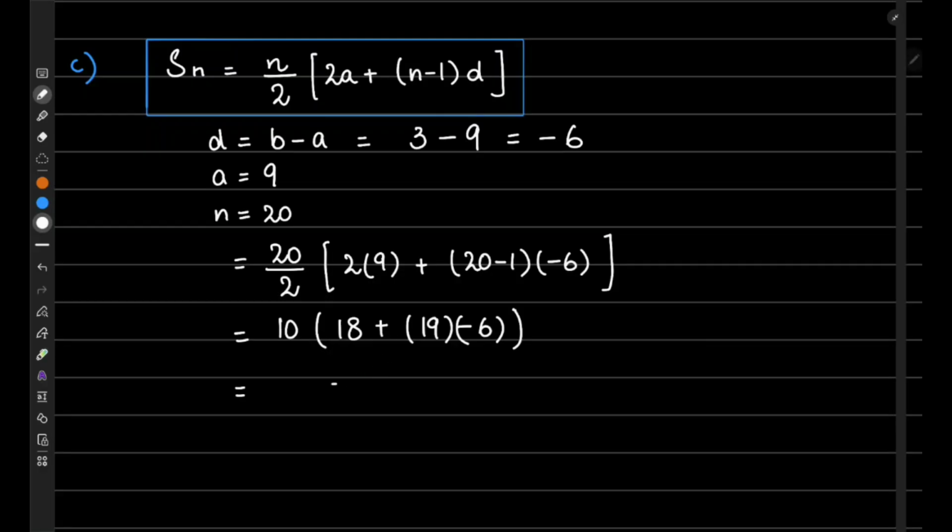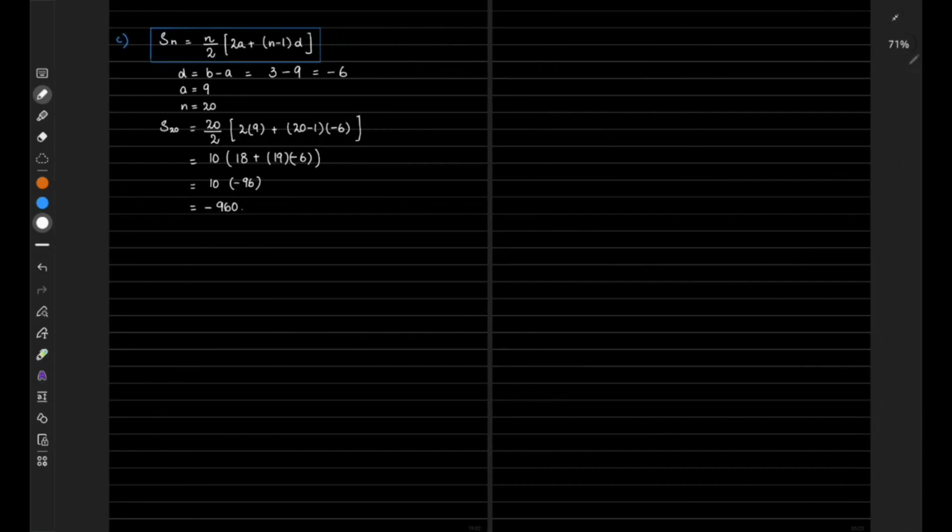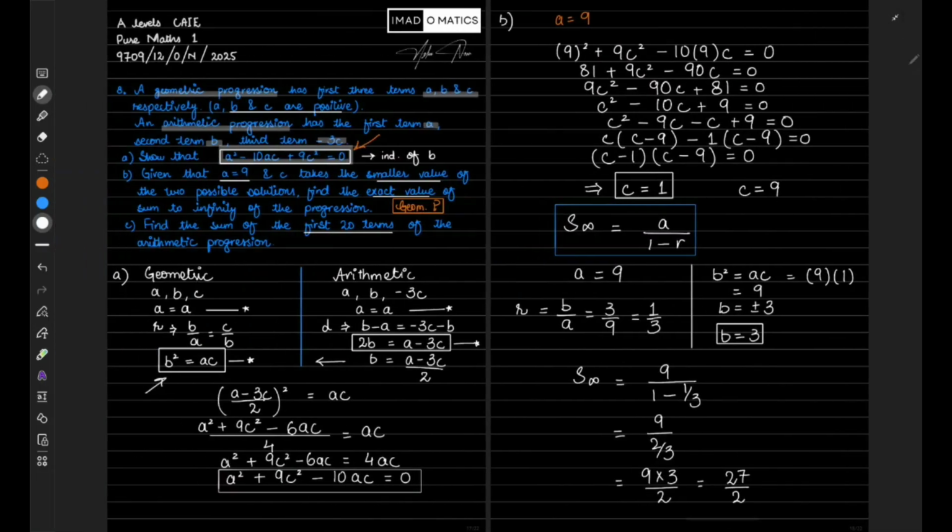That gives you minus 96 times 10, that gives you minus 960. So this is your sum of 20 terms for this arithmetic progression.